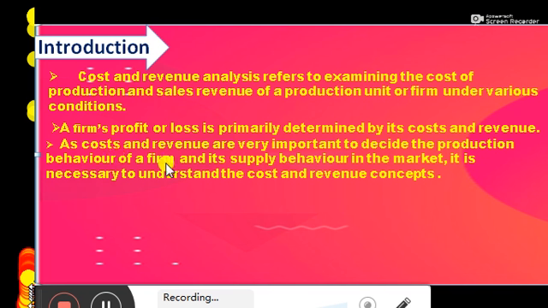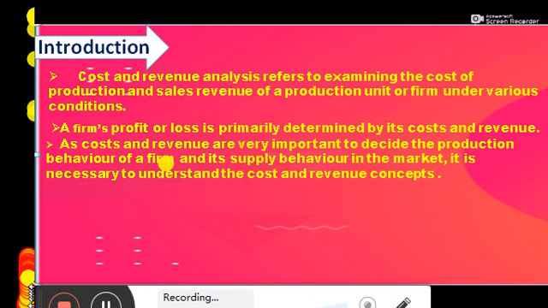Next, the cost and revenue are very important to decide the production behavior of a firm. Of course, if any firm continuously incurs loss, definitely they will think about continuing the production in future. But if any industry or firm is earning more profit, definitely they can continue the production because they are earning very good profit.